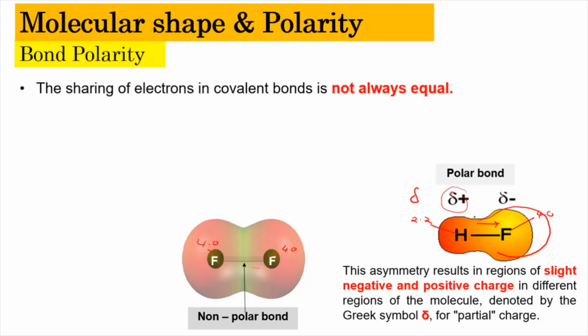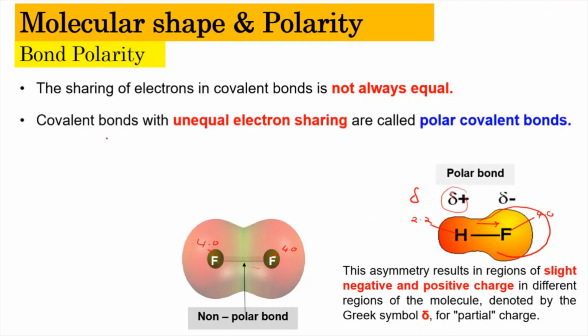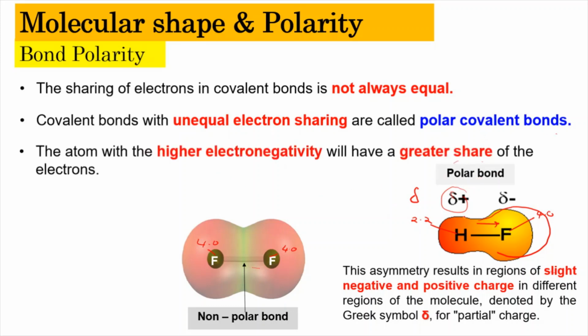So as mentioned, the sharing of electrons in a covalent bond, for example the hydrogen fluoride bond, is not always equal. Covalent bonds with unequal electron sharing are known as polar covalent bonds, or polar bonds. And the atom with a higher electronegativity will have a greater share of the electrons because it can pull more electron density towards itself.